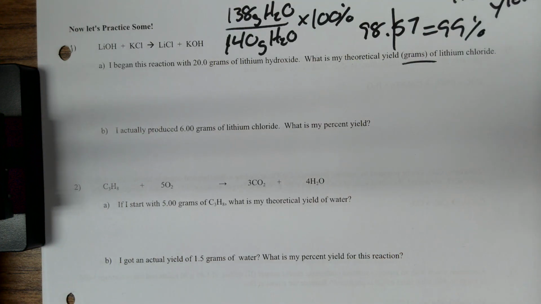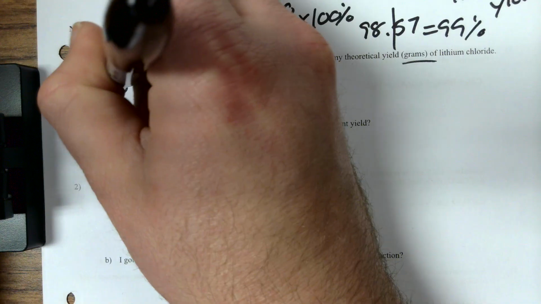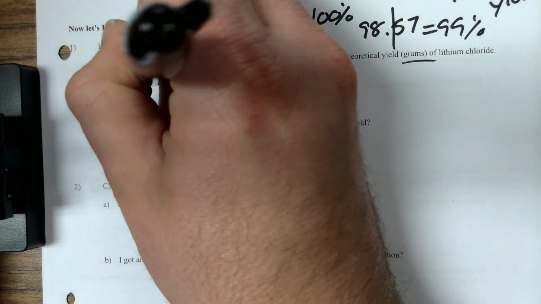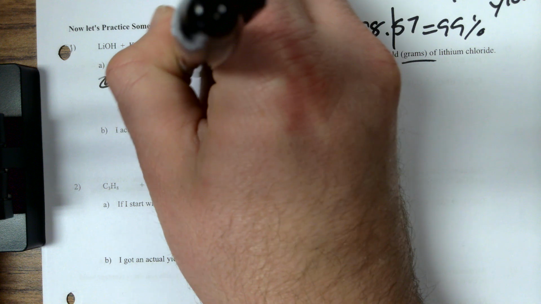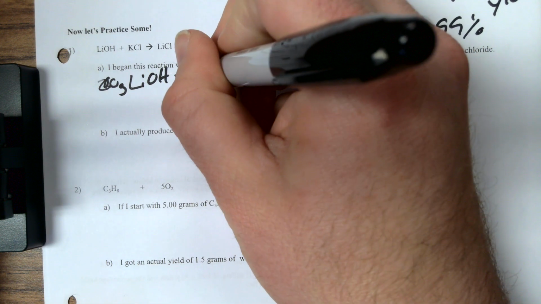What do I have from the question? 20.0 grams of my lithium hydroxide. I'm trying to figure out how many grams of what that I form. What did my reaction yield? Lithium chloride.